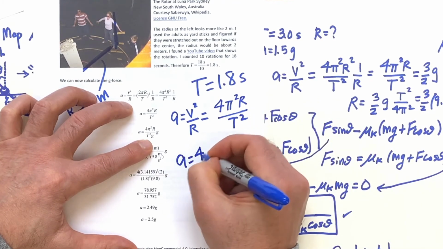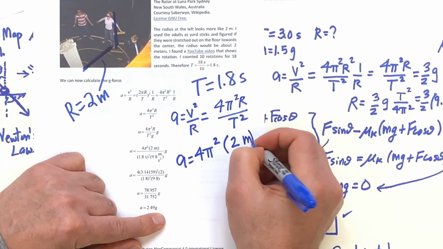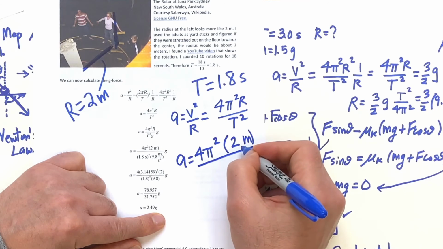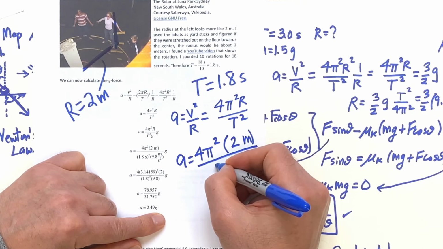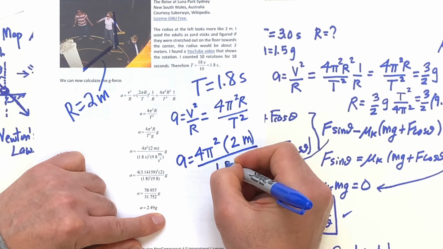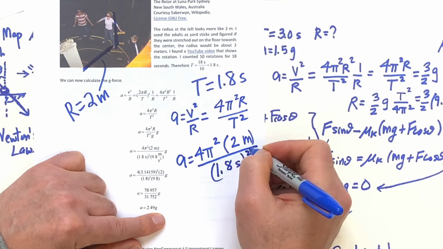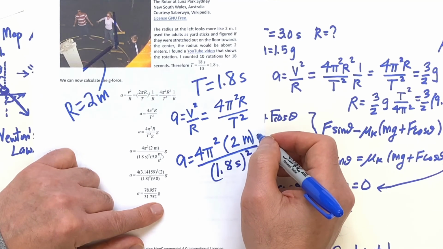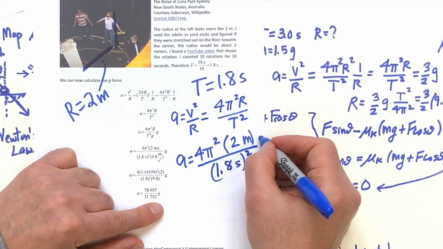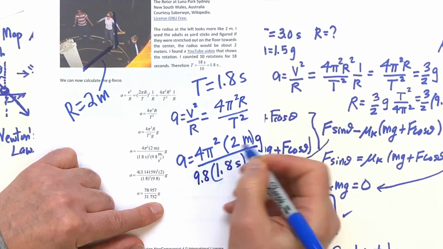We have 4 pi squared, the r is 2 meters, and the period is 1.8 seconds. And see, we have to square that. We'll get meters per second squared. And if I put g here to get g-force, I'll need to have g down here to cancel 9.8.